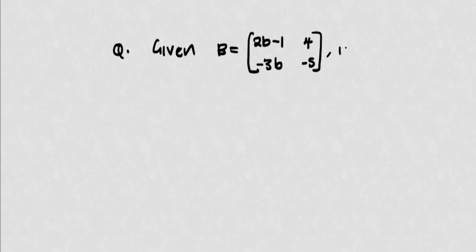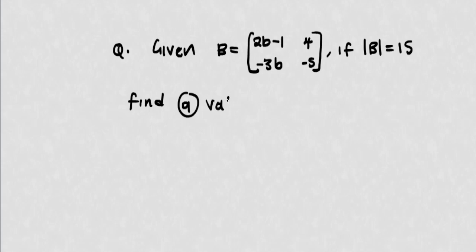Now if the determinant of this matrix is equal to 15, then the question is saying, in the first part, find the value of b, and in the second part find the inverse of the matrix B.